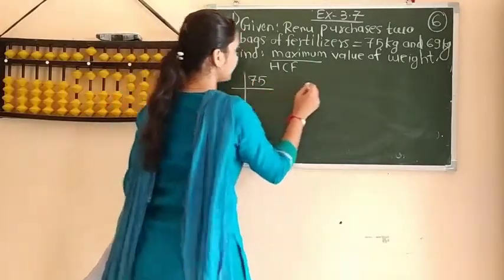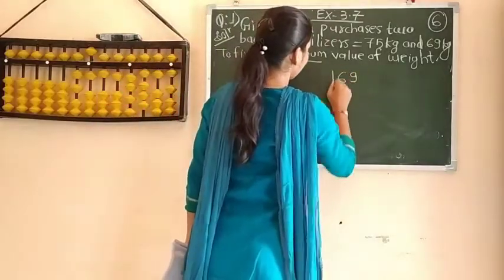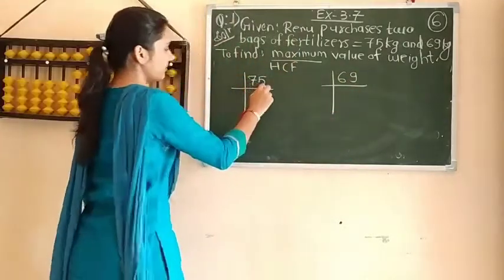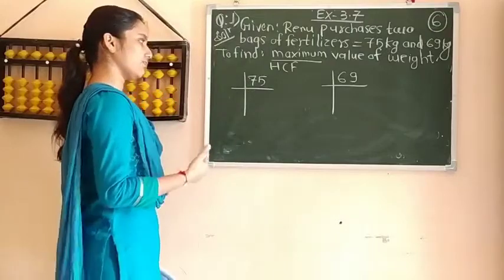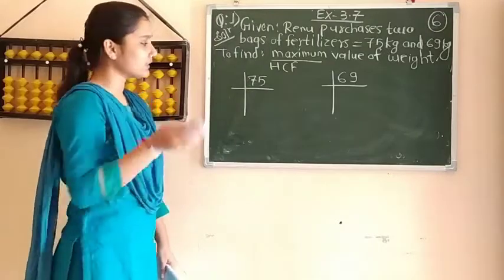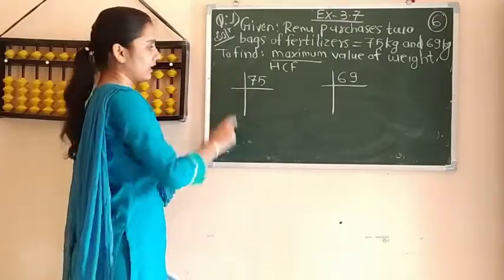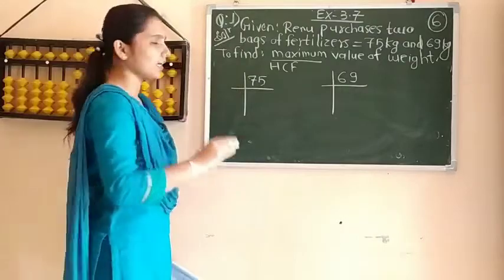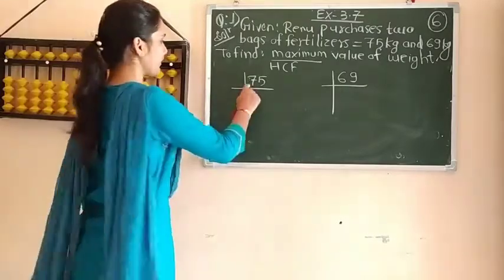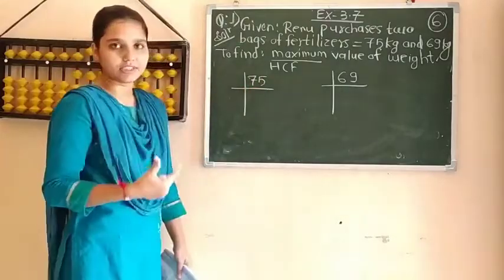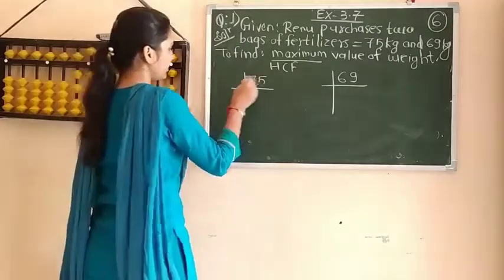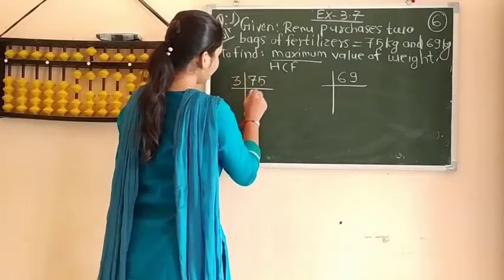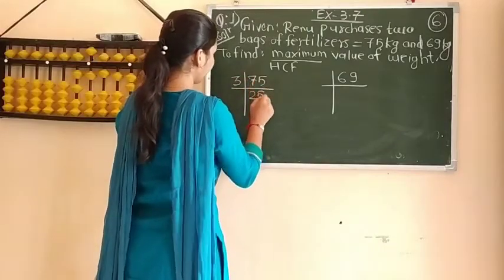Write down the given numbers separately. See, 75 is an odd number. First of all, check if it is divisible by 3 or not. If it is divisible by 3, then divide by 3. If it is not divisible by 3, then check for 5. So 7 plus 5 is 12, and 12 is a multiple of 3, so it is divisible by 3. 3 twos are 6, 1 remains, 3 fives are 15.